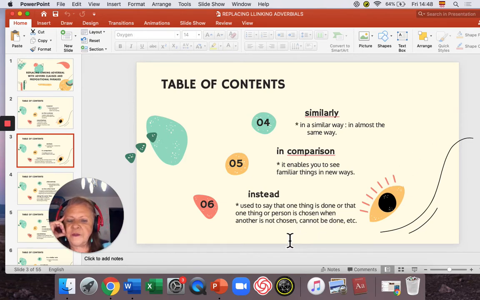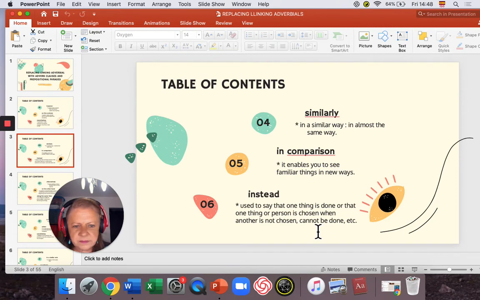Instead is used to substitute one thing with another. So here we have it used to say that one thing is done or that one thing or person is chosen when another is not. Okay?